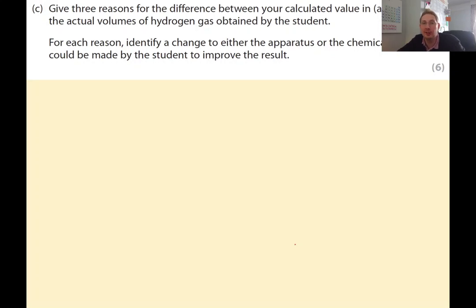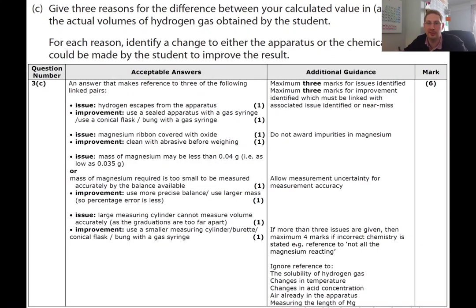The one thing you couldn't have in this case is that the hydrogen would dissolve in the water. I can't remember the exact details. Firstly, hydrogen doesn't dissolve in water. And secondly, I think you're collecting it in a gas syringe, although I haven't got the question in front of me right now. But be careful of that. So what did they want?